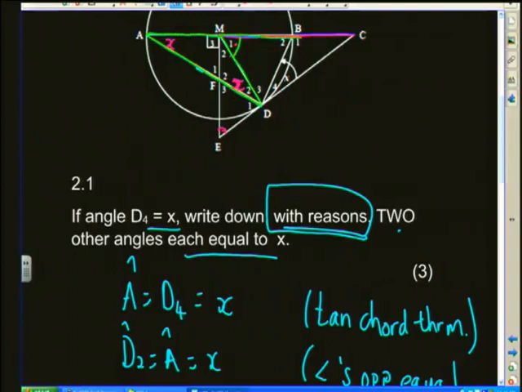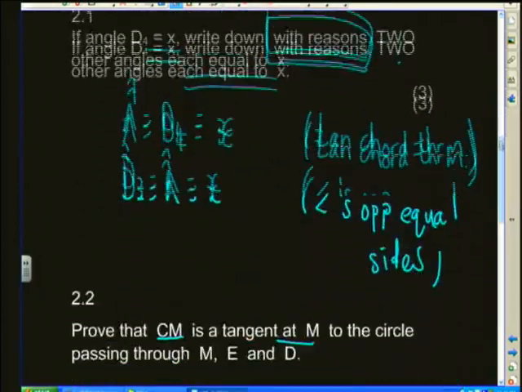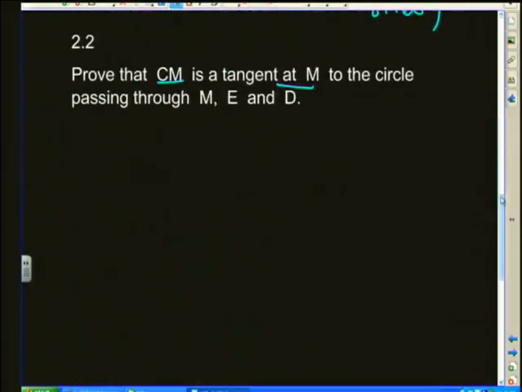So M1 is the exterior angle of triangle MAD, therefore it's going to be equal to the sum of angle A plus angle D2. Okay, that's our theorem, exterior angle equals the sum of the interior opposite angles of a triangle. So this is part of our proof. We need to state what is the value of M1.